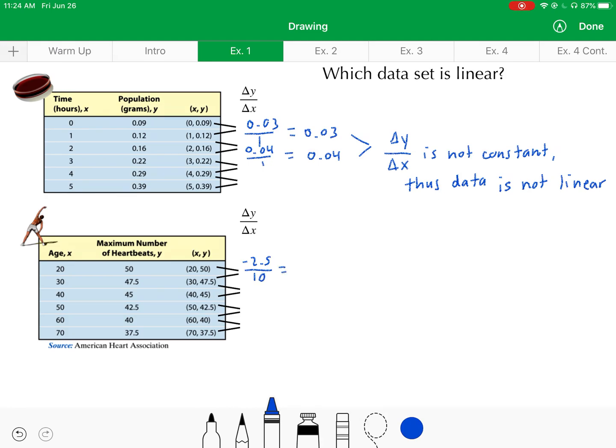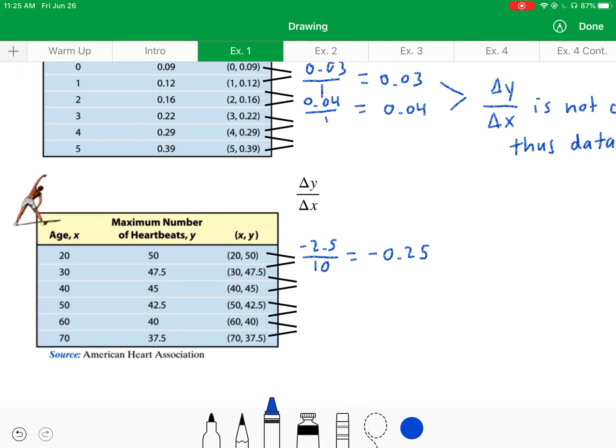So that's going to divide out to be negative 0.25. And I think that's meaning that your heartbeat's going to decrease a quarter of a heartbeat for every year that you get older.